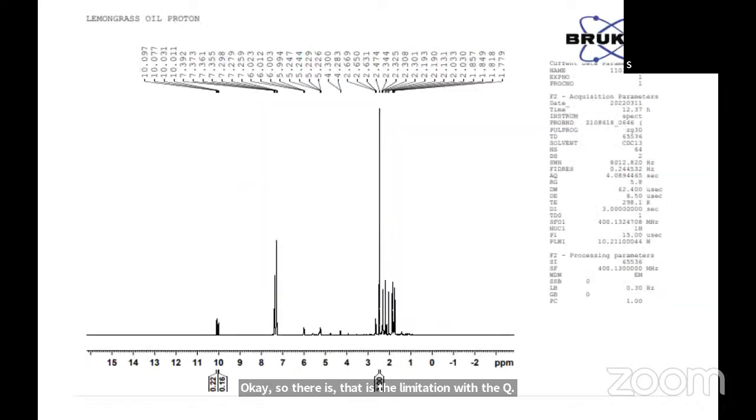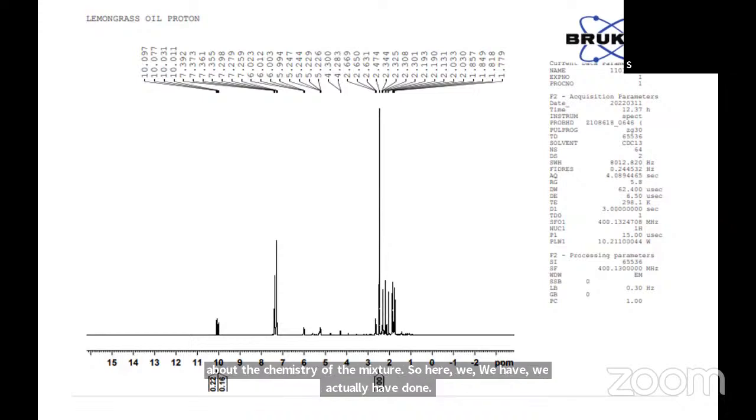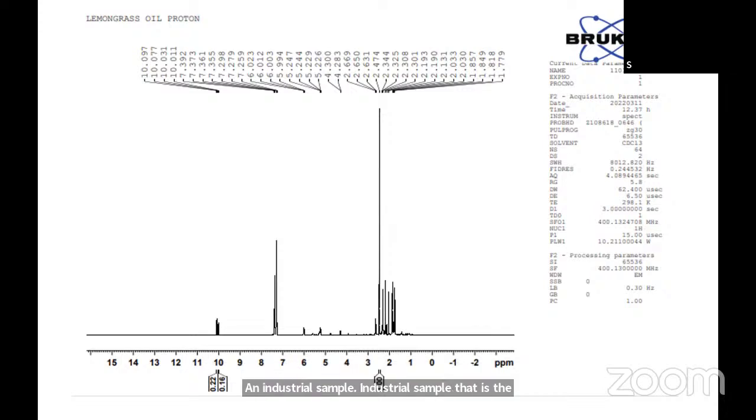And as I told you, NMR can also be used for qualitative analysis. Qualitative analysis means if a mixture is given to you, by just looking at the proton NMR, you will be able to say something about the chemistry of the mixture. Here we have done an industrial sample, lemongrass oil.